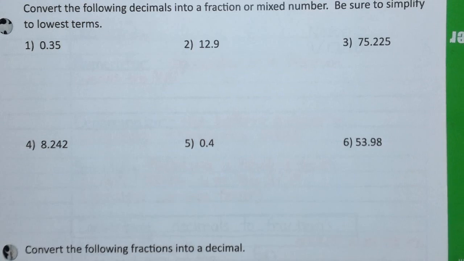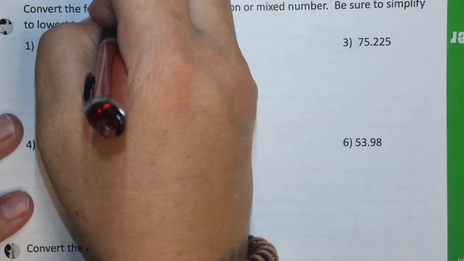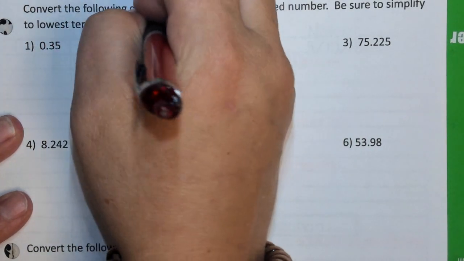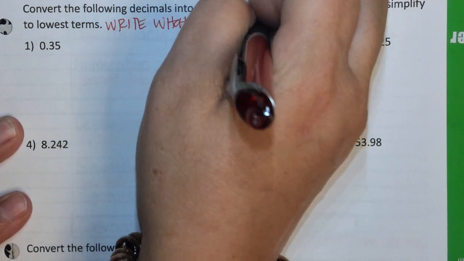When you get your sheet, I want you to go ahead and make a couple of notes. Up at the top on the first section where we're changing decimals to fractions, what was our hint on that? Decimals to fractions. What do we do? You write what you say. Okay, so up here we're going to say write what you say.